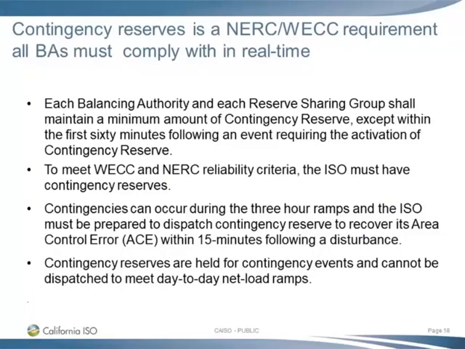One, you've got to make up that 3-hour ramp, and then two, you've got to recover from that contingency in 15 minutes. So you want to make sure you have enough flexibility to meet that 3-hour ramp, and also recover from a contingency if it happens.